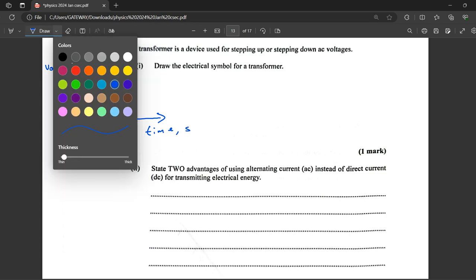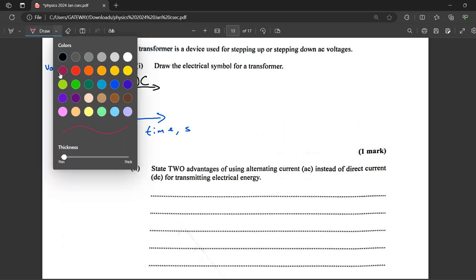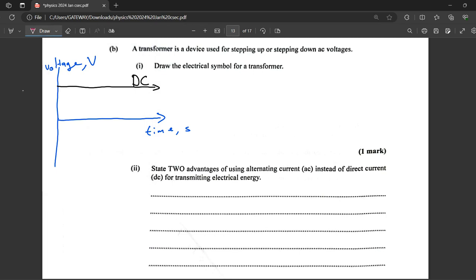So for the direct current, which is the DC, you would have a flat line like that, right? This is DC, and for the alternating current, you're gonna have a graph like this, right? Something like that, basically.